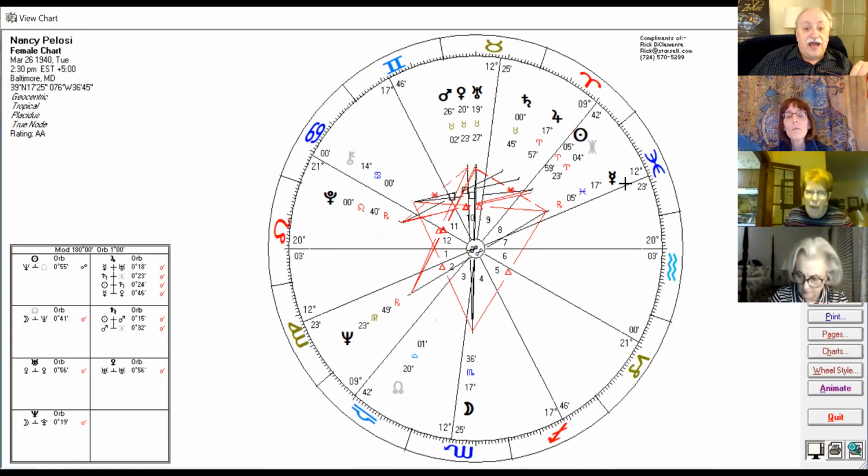But she's born in the afternoon, we find out, 2:30. So she's born between noon and sunset. What that does is give her a Scorpio midheaven, a Taurus midheaven, Leo rising, and it puts her moon very strong in Scorpio.